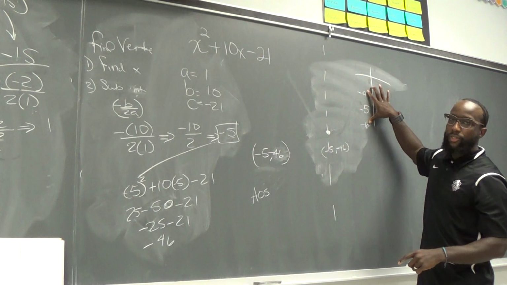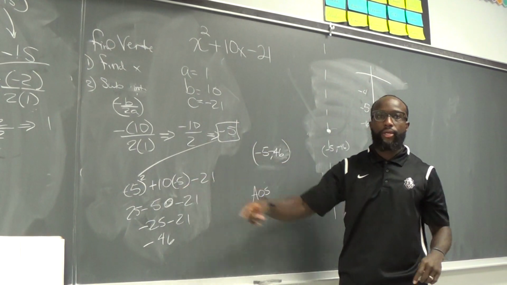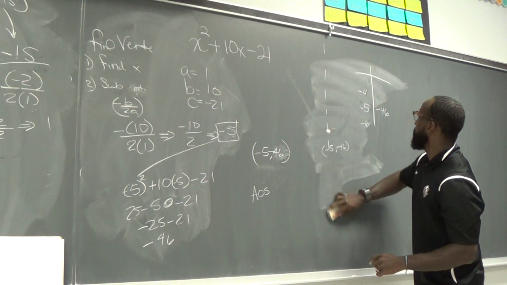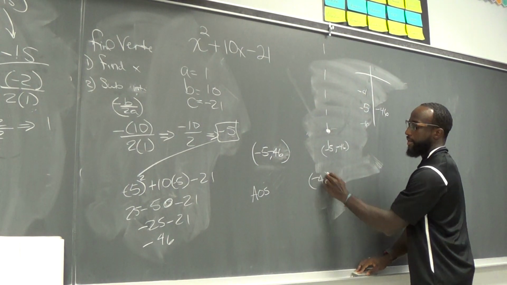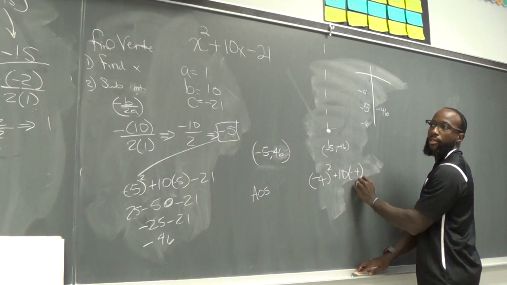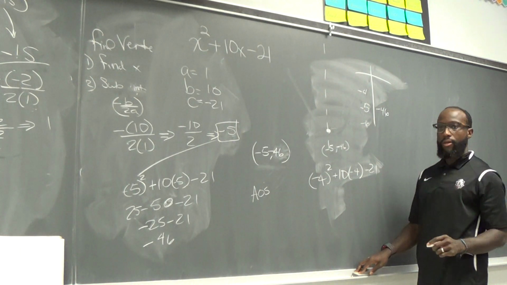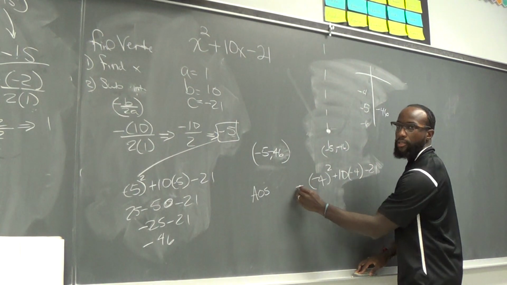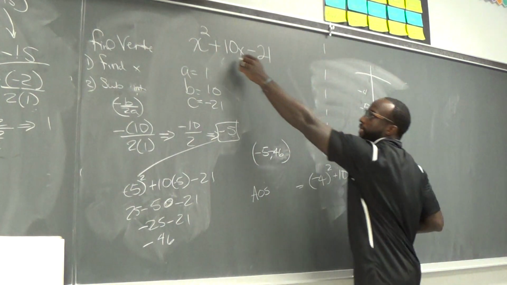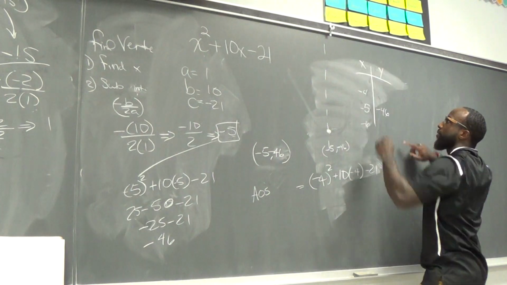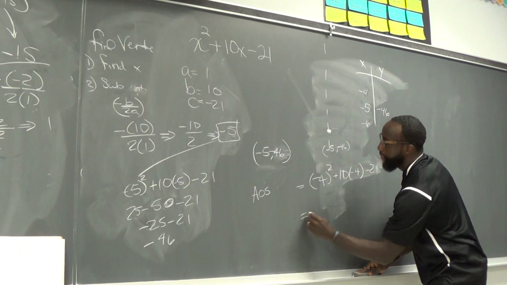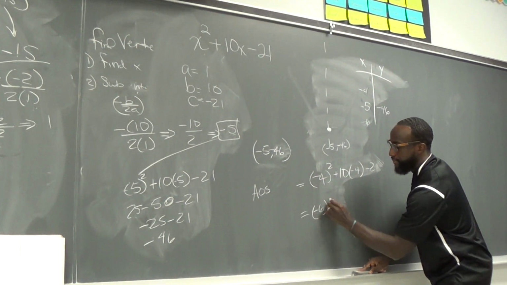You substitute these into the equation and you get your next y. Negative 4 squared plus 10 times negative 4 minus 21. Everybody know what I'm doing? Just plugging in different x values. Remember your t-chart? X is negative 4, and then you do the same with x as negative 6.